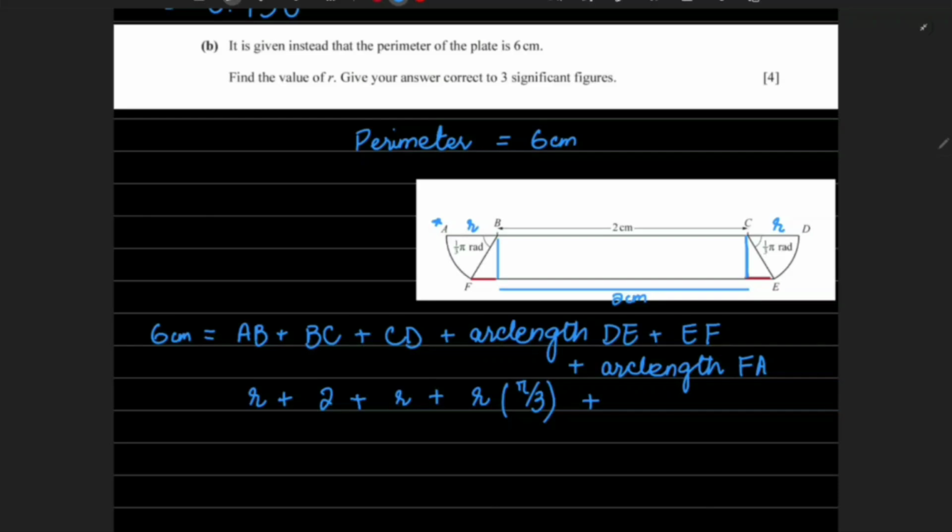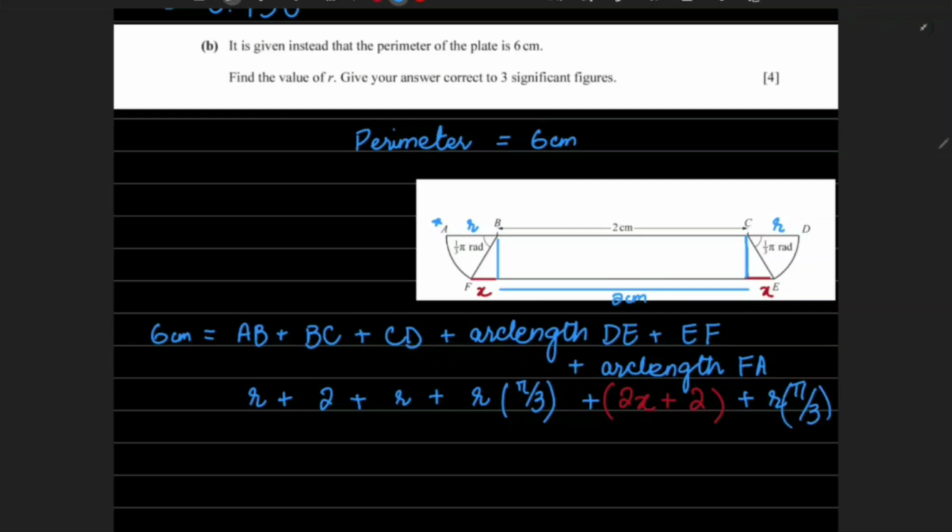So your EF length would be, if we call this x and x, 2x plus 2. This EF length, and plus the arc length FA will again be r times pi over 3.